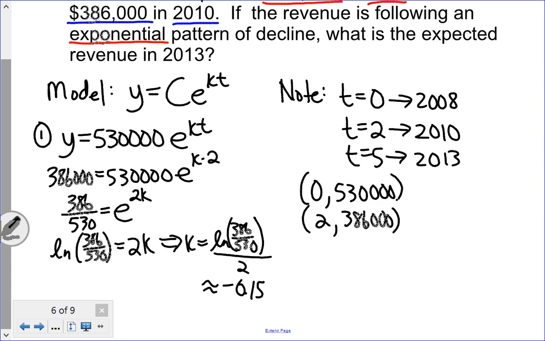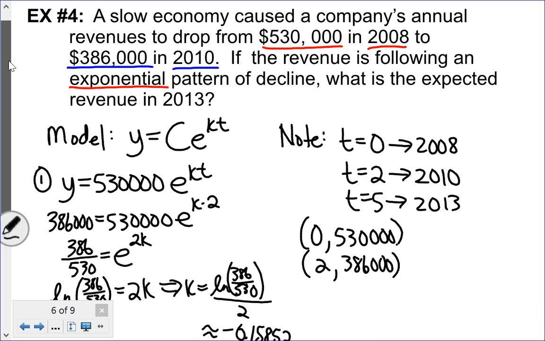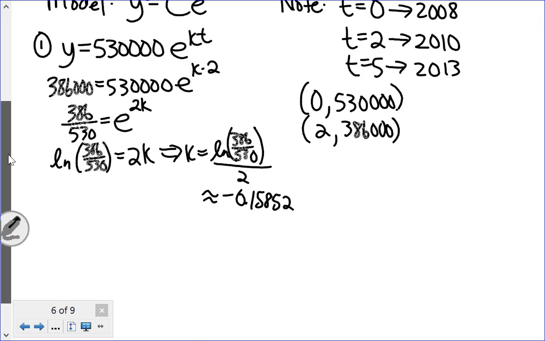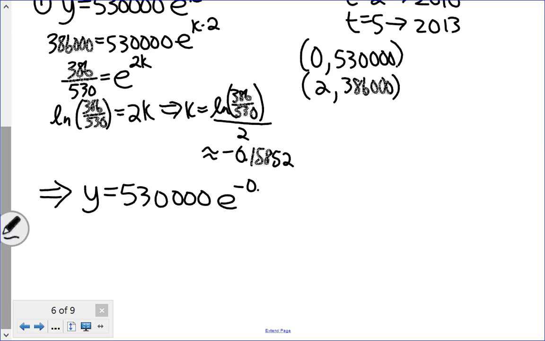We should be because it says it is declining. So we know that K would be negative because we have decay. So putting all of that information together means that Y will equal 530,000, because that's C, times e to the K, which we just found was negative 0.15852, times T. So this is now the model.